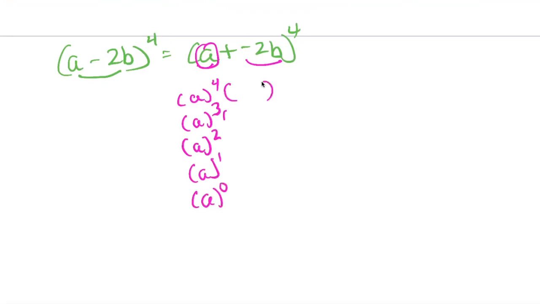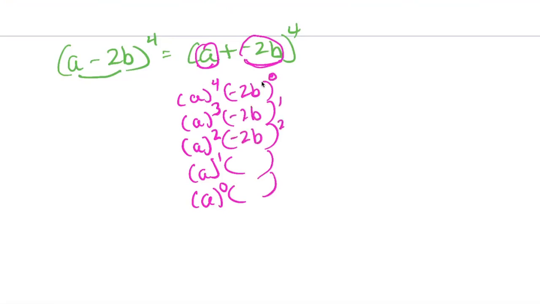The other one's going to grow. It's going to ascend. So bring your negative in, negative 2b to the 0, all the way up to 4. 1, 2, 3, 4.